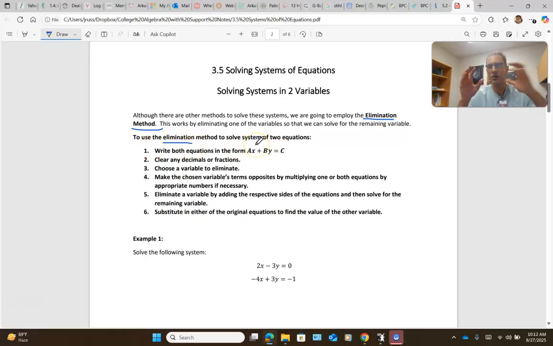This just means get all your variable terms on one side if they're not already. I think in most of your problems, the variable terms are going to be on the same side. And then you would try to clear any decimals or fractions if you had any. But I don't think that we're going to see any. Then you choose a variable to eliminate. And it doesn't matter which variable you choose to eliminate.